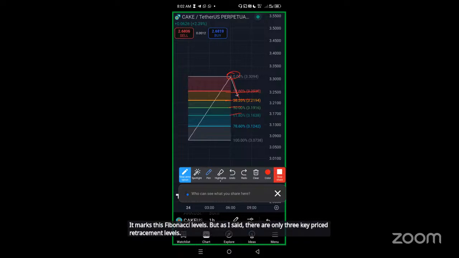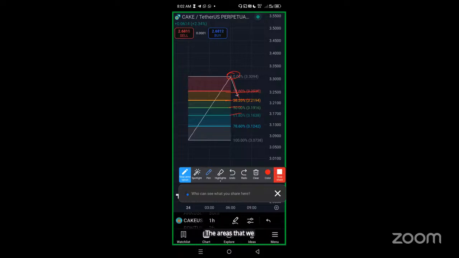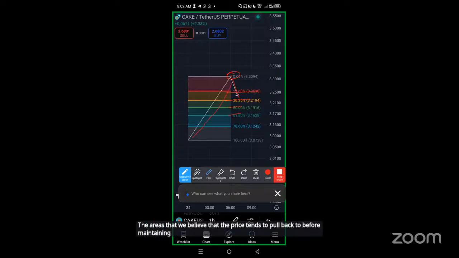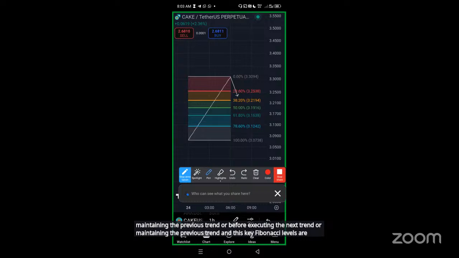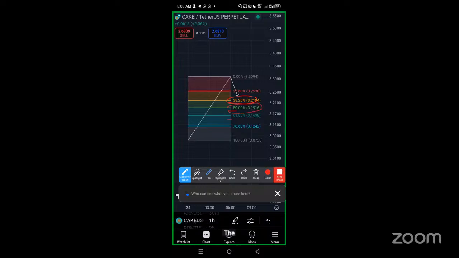These are the areas that we believe the price tends to pull back to before maintaining the previous trend, or before executing the next trend. And these key Fibonacci levels are the 38.2%, the 50%, and then the 61.8%. Those are the key price retracement levels.